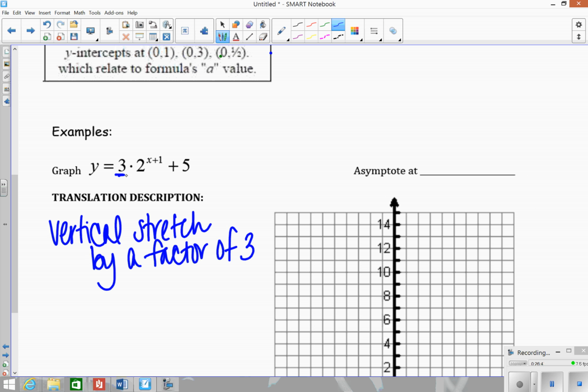Which means the y-intercept starts at 3, but then because there's a shift, it's going to end up moving. So in the final picture, the y-intercept won't be at 3; it starts at 3, and then it gets shifted.